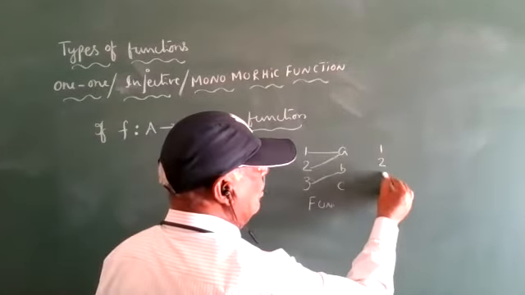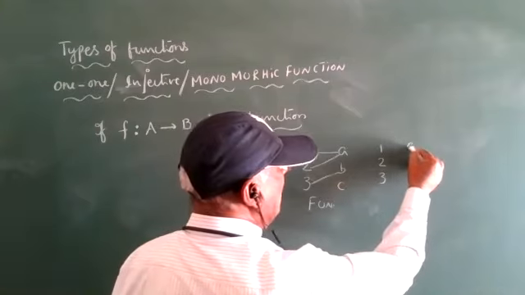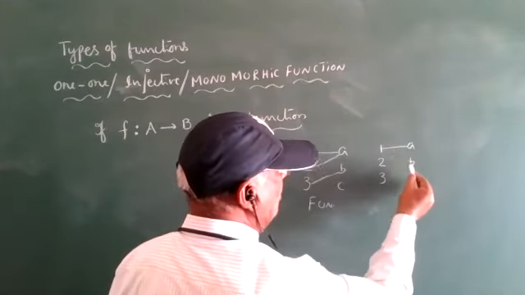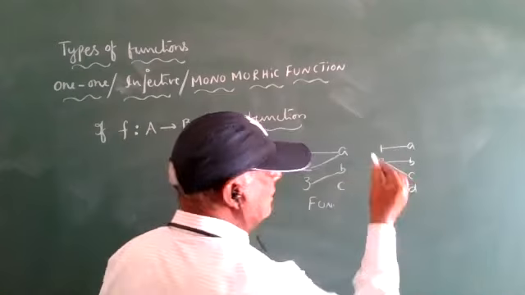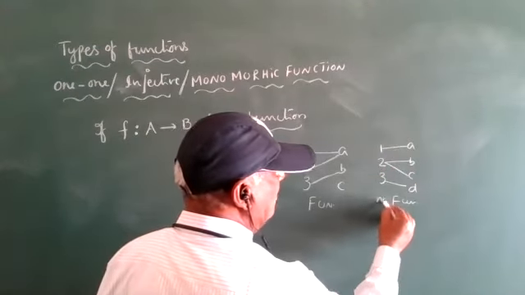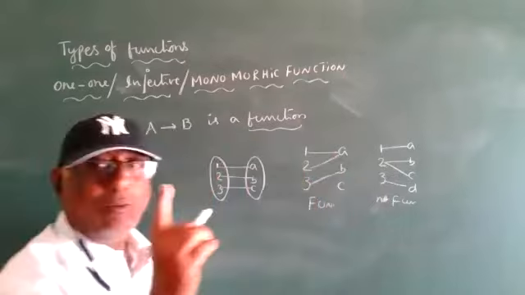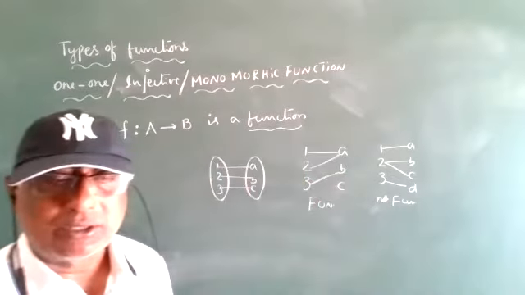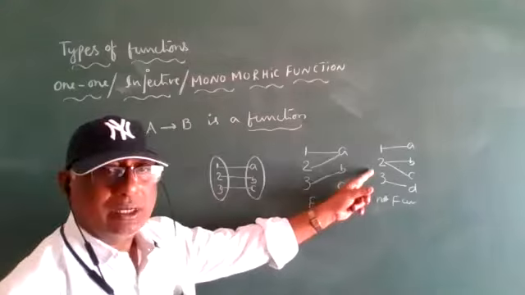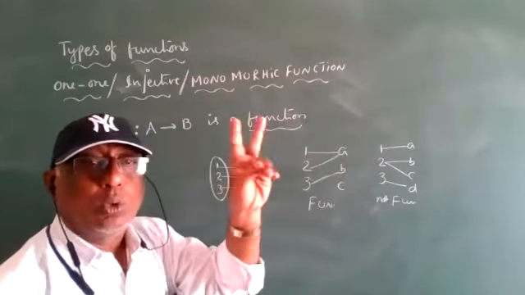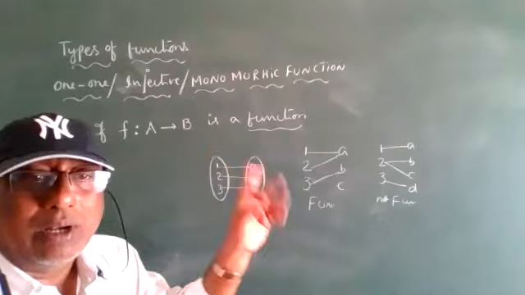Now see 1, 2, 3 and A, B, C, D. Okay? So one has two, and both have. This is not a function because two images have one pre-image. Okay? So it is not a function. Every element of set A has images, and two images never have one pre-image.